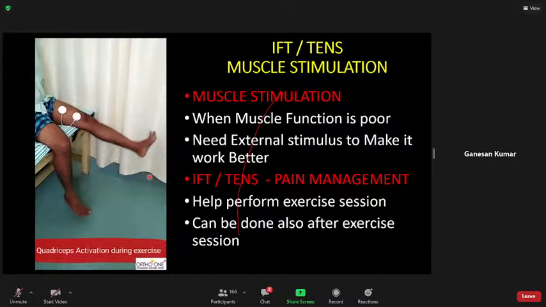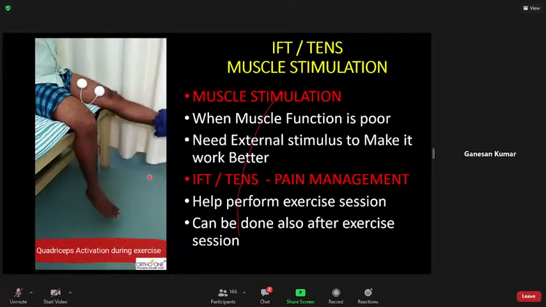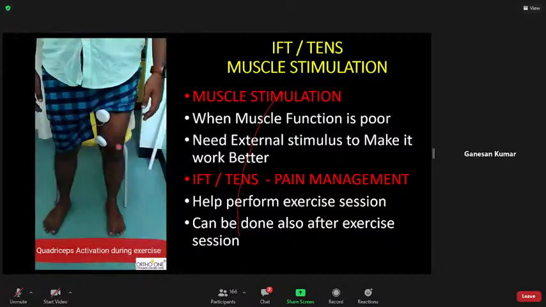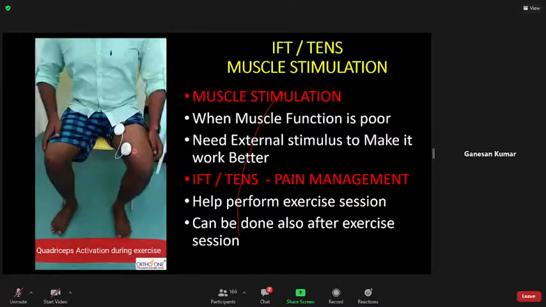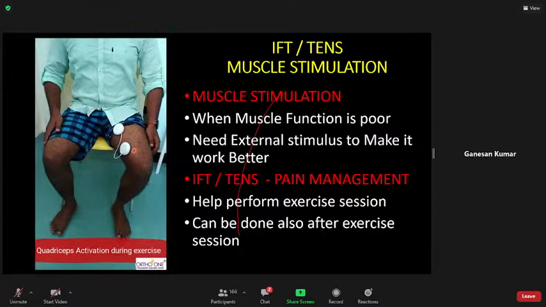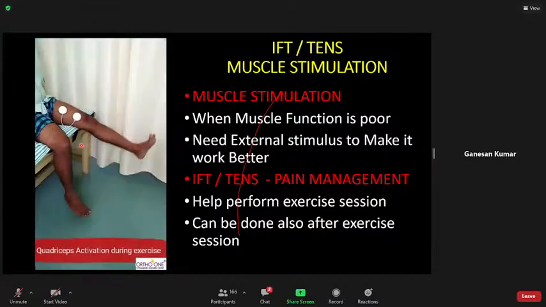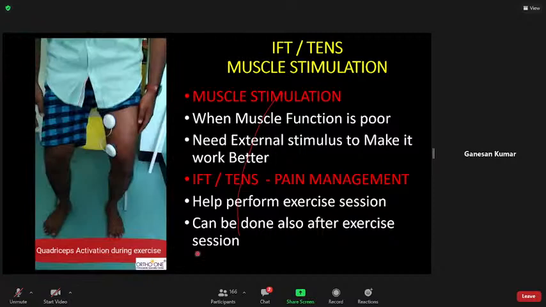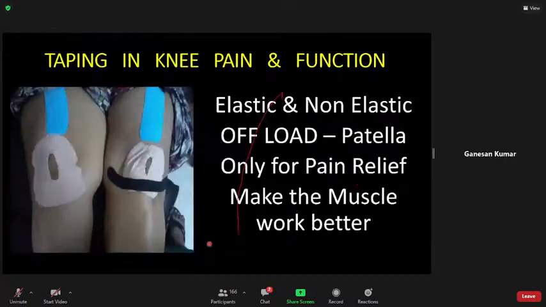We use a wireless technology, which is basically a Faradic current, where I can stimulate the muscle. I'm targeting the VMO muscle to fire when they do the exercises, progressing it with weights. If the pain is very severe, I can use the IFT so that the pain is suppressed and he can still do the exercises. I do a lot of taping and needling also.